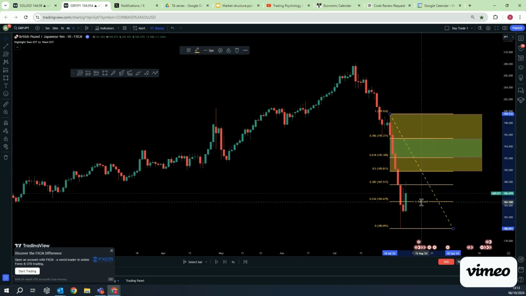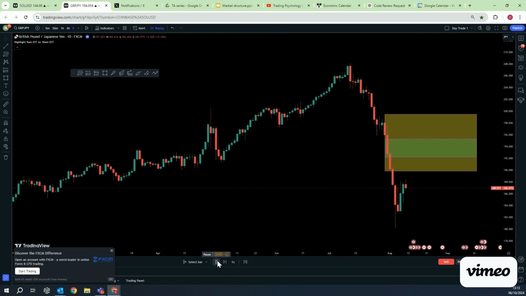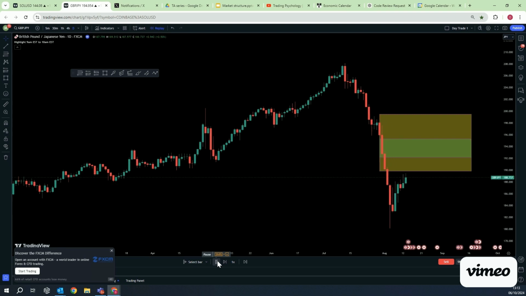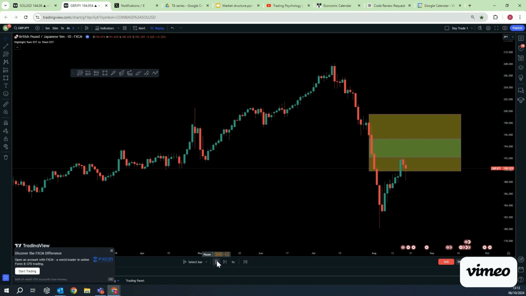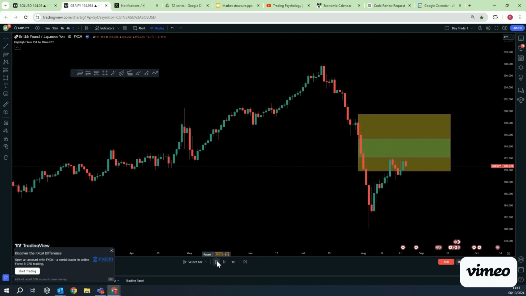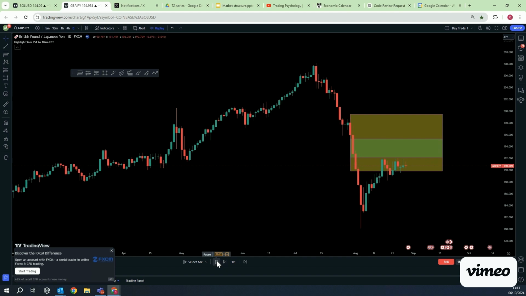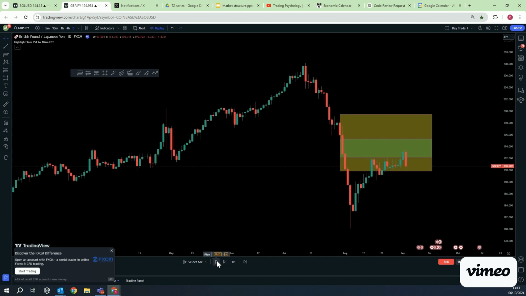And let's get rid of this. And then if we watch this play out, I'm sure we'll see that the price will tap into that box and we could take a short trade at that level. Nice.